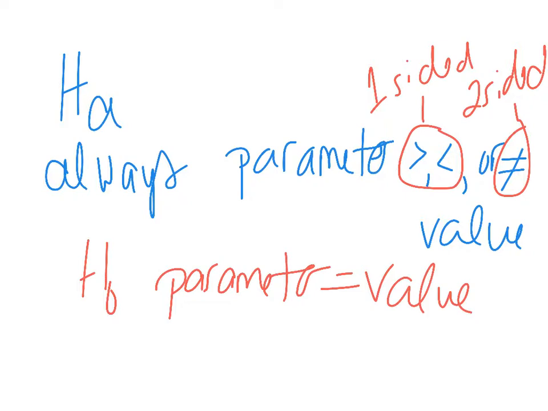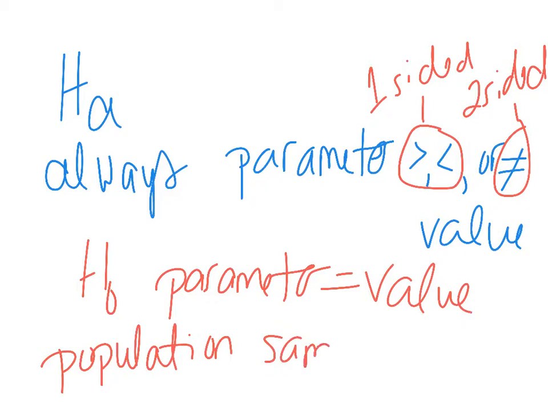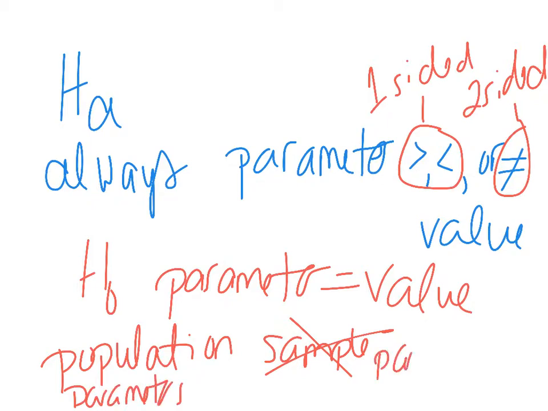When you are writing these hypotheses, keep in mind that you are always referring to the population, never to the sample. You're always going to use the population parameters, never the sample parameters.